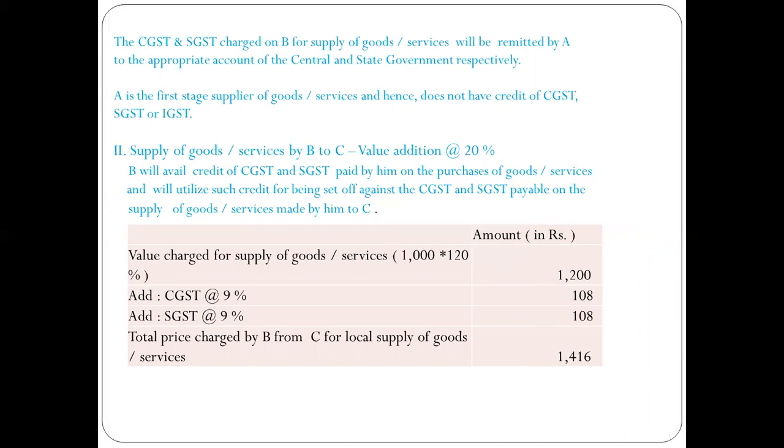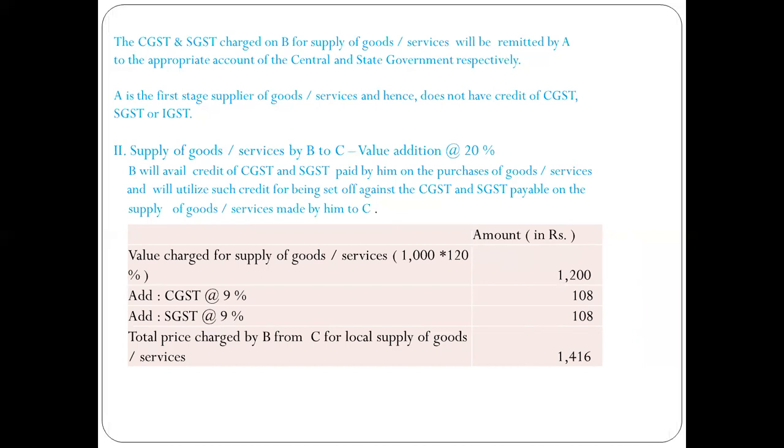Now we come to the second step, supply of goods or services by B to C, with value addition of 20%. B will avail credit of CGST and SGST paid by him on purchases of goods or services, and will utilize such credit for being set off against the SGST and CGST payable on supply of goods or services made by him to C, that is the third party.